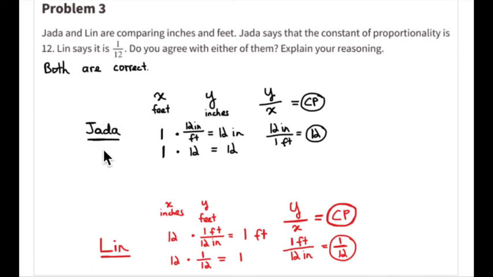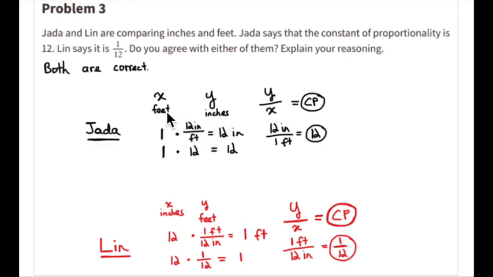So for Jada, she's going to go from feet to inches, because she's going to use a constant of proportionality of 12. Remember that inches are smaller, so you have to have a larger number of inches to cover the same distance as the number of feet. So 1 foot is equal to 12 inches.